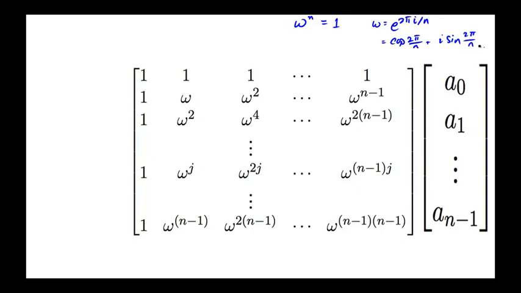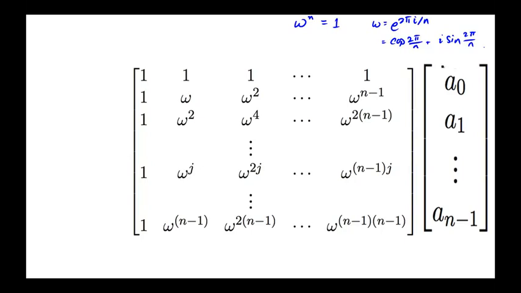Okay, so in the classical case, we don't actually normalize our Fourier transform matrix, so we don't multiply by 1 over square root n, so it's not actually unitary.